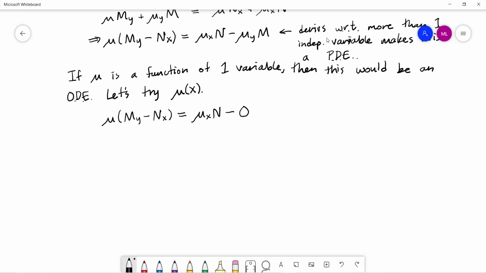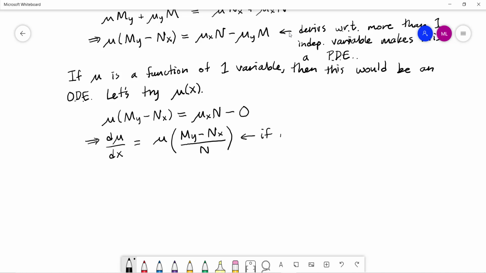So let me rearrange things. Again, let's just do a step of algebra to solve for mu sub x. So basically I would get d mu dx, which is our mu sub x. So d mu dx, and I'm going to divide everything by N, is equal to mu times (My minus Nx) over N. This is an ordinary differential equation where x is the only independent variable, under the assumption that this big mess winds up being only a function of x.